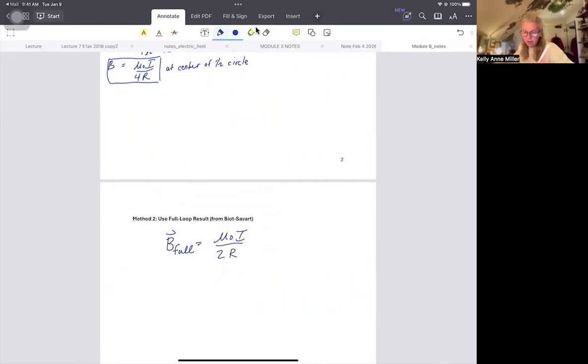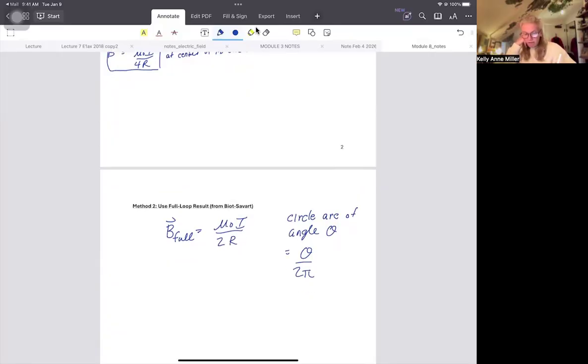Then you can say to yourself that the arc of a circle of some angle theta is just equal to theta over 2 pi. This is sort of like a ratio. If I want to rotate around some angle theta and compare that to all the way around, the ratio would be just theta over 2 pi.